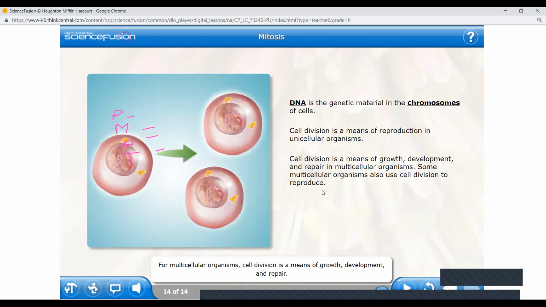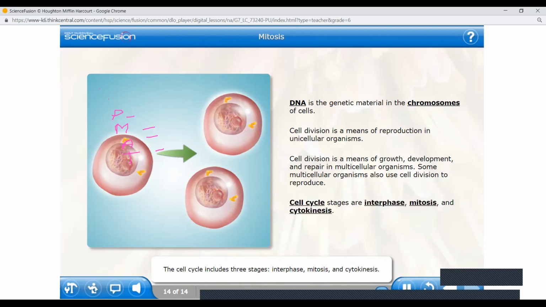This is the reason why they divide. Some multicellular organisms also use cell division to reproduce. The cell cycle includes 3 stages: interphase, mitosis, and cytokinesis. Mitosis has 4 stages: prophase, metaphase, anaphase, and telophase. Mitosis results in genetically identical body cells.